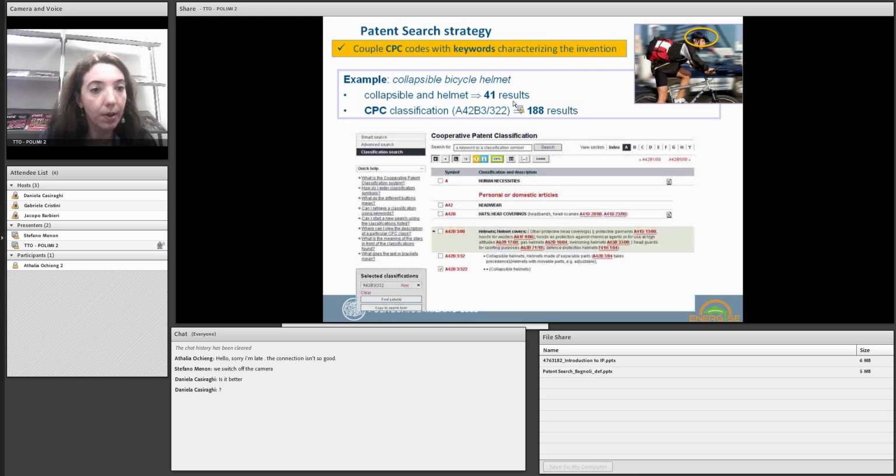If you check the classification, you can find the class A, human necessities, A42, headwear, and A42B, head coverings. We have a subclass A42B 3/22 that covers all the patents with collapsible helmets. In this way, I can find 188 results, all the patents that I would miss if I were searching only with the keywords.